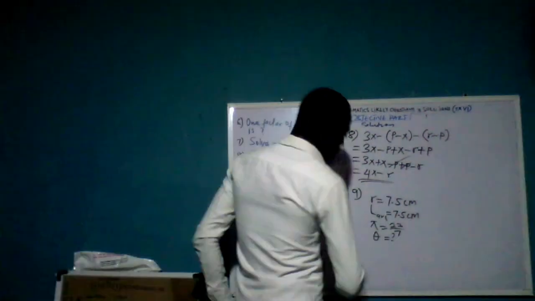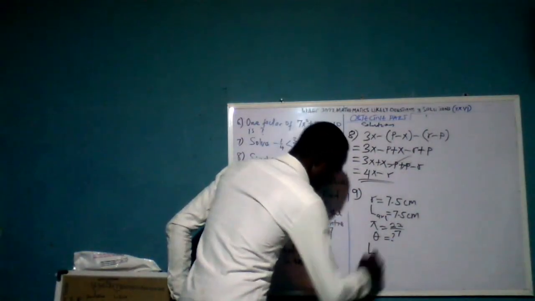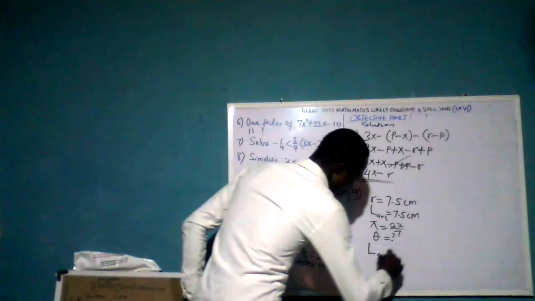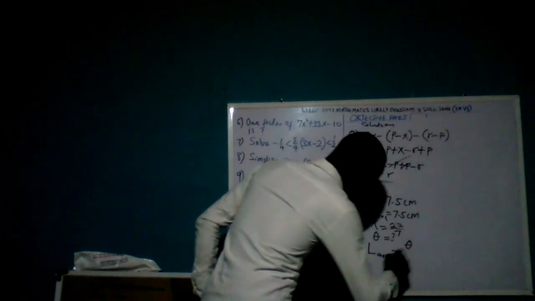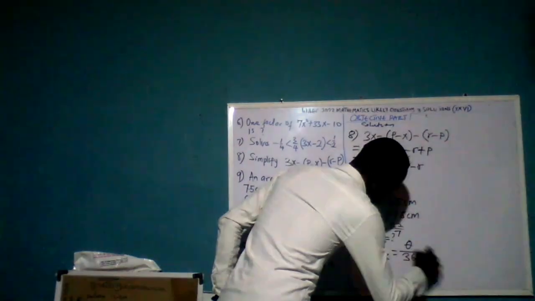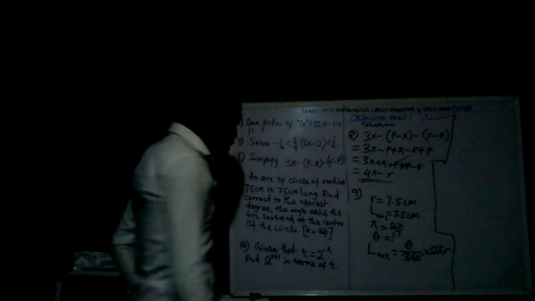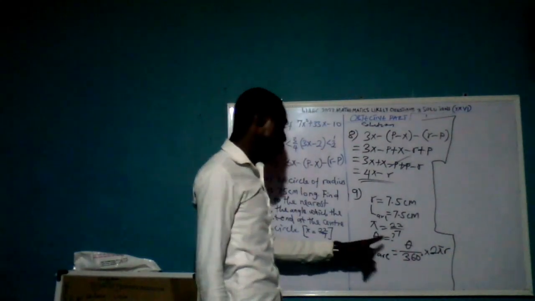Just do not forget that the formula of the length of arc of the circle is given as L arc, then you have the angle suspended by the arc all over 360 degree, yes, all over 360 degree multiplied by 2 pi r. And with this formula, what we are looking for as the subject of formula, what is that thing that we are looking for? The angle suspended by the arc at the center of the circle, which is denoted as theta.